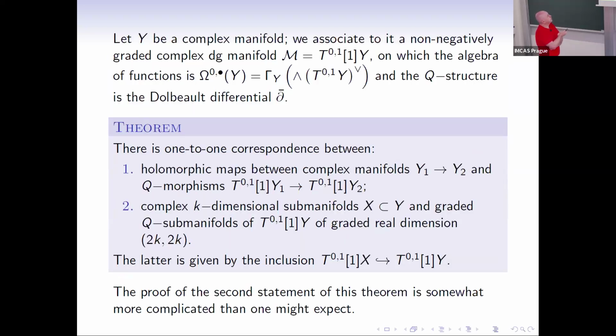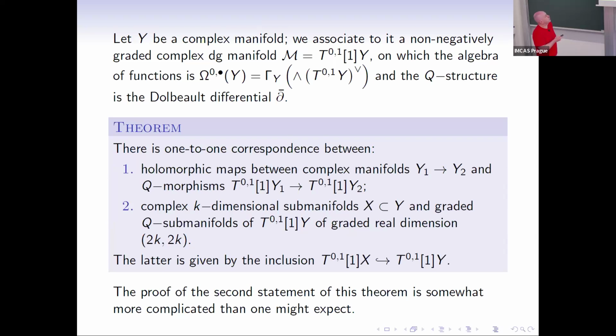What is less simple is the same for complex manifolds. For complex manifolds, we also have a Q structure, which is a little bit weird because it's half complex, half real. We can look at T^{0,1}[1], the anti-holomorphic vector bundle of Y. For that, we need to complexify TY and take the part which is anti-holomorphic.